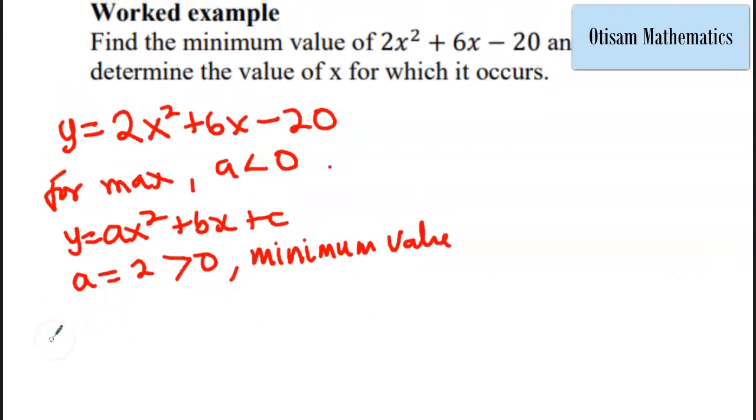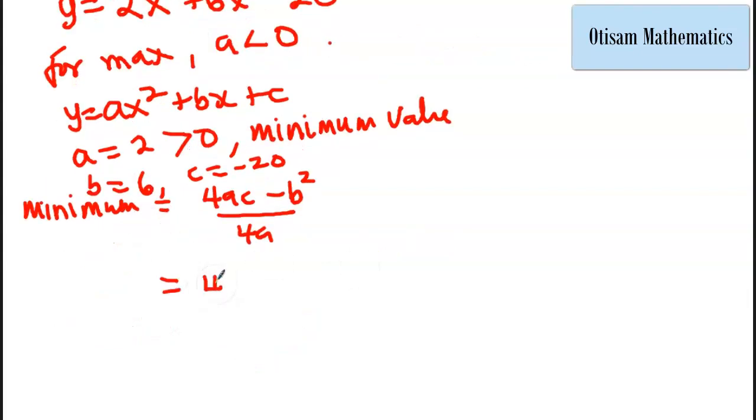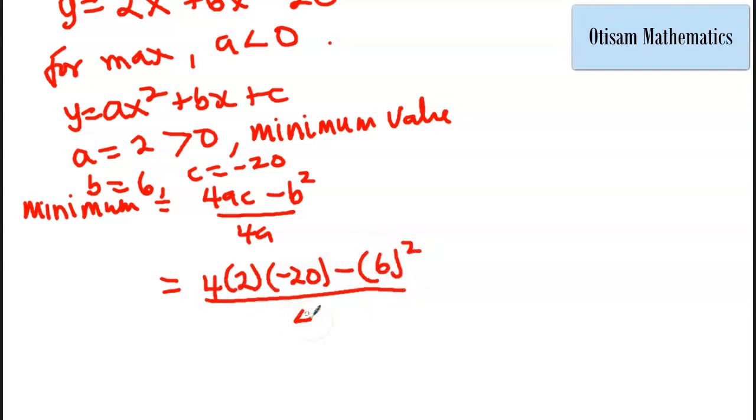So for minimum value, we have 4ac minus b squared on 4a. So a is 2, b is 6, then c is minus 20. So we just substitute it. So 4 times a, 2, times c, minus 20, minus b squared, 6 squared, over 4 times 2.